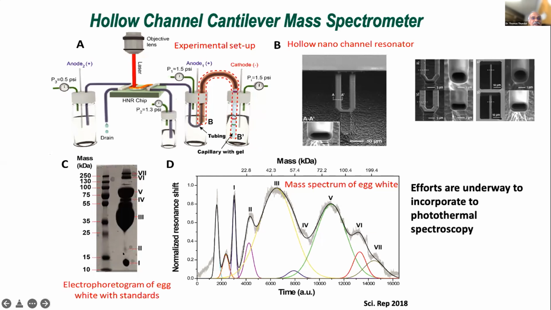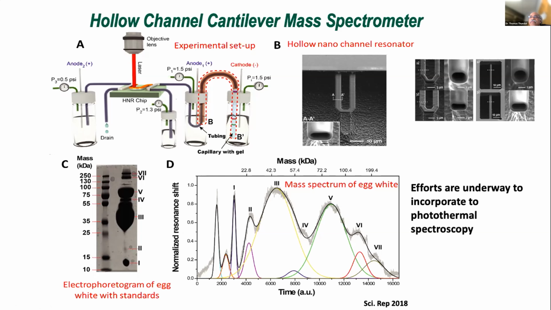This is the standard spectrum that we got for egg white, and all the blobs here we can identify in the resonance frequency spectrum. Now we are trying to do the photothermal spectrum of these different proteins as they come through.